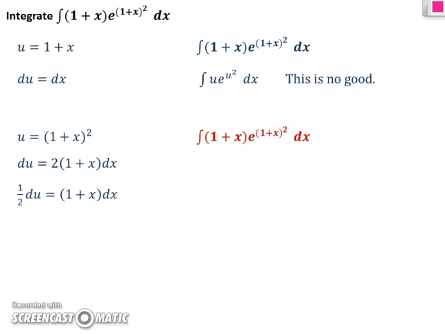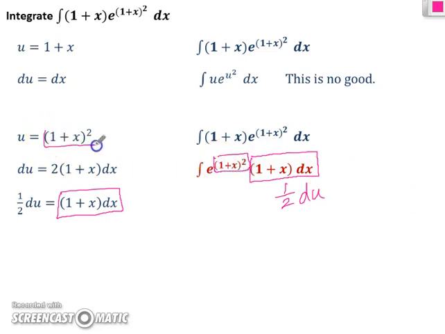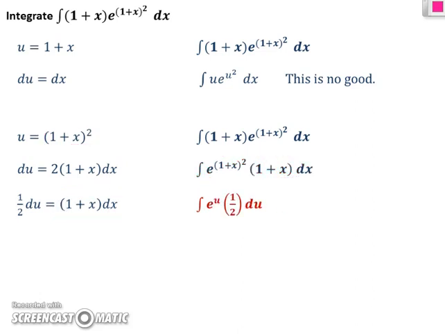We go back to the integral. We're going to rearrange it. And you don't have to rearrange it, but it does help you see it a little better. That this piece right here is going to be what we substitute for the 1/2 du. And this piece right here is going to be our u. So we're good. e to the u times 1/2 du.